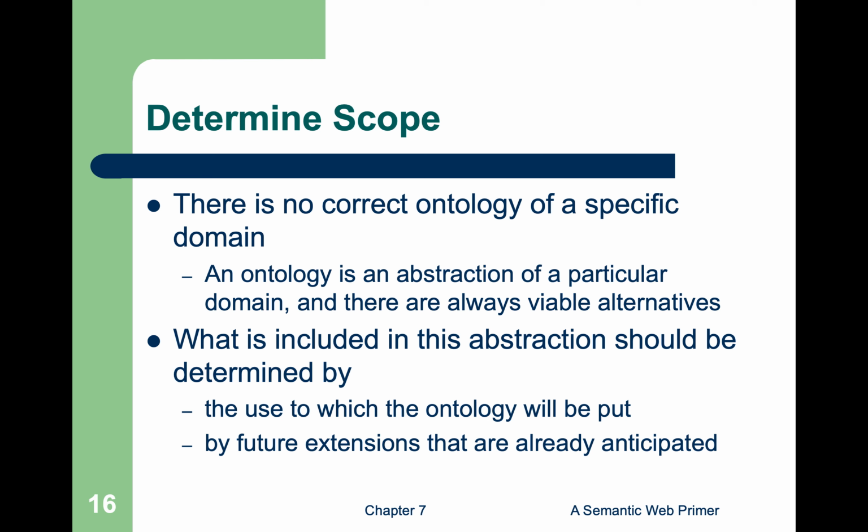What is included in this abstraction should be determined by the use to which the ontology will be put: why we are actually developing this ontology, and the future extensions that are already anticipated. So we need to consider how this ontology will be put to use, and how we plan for it to be extended in the future.